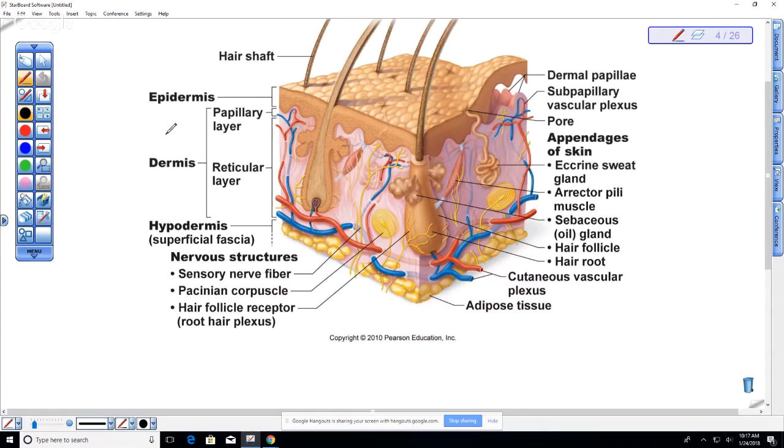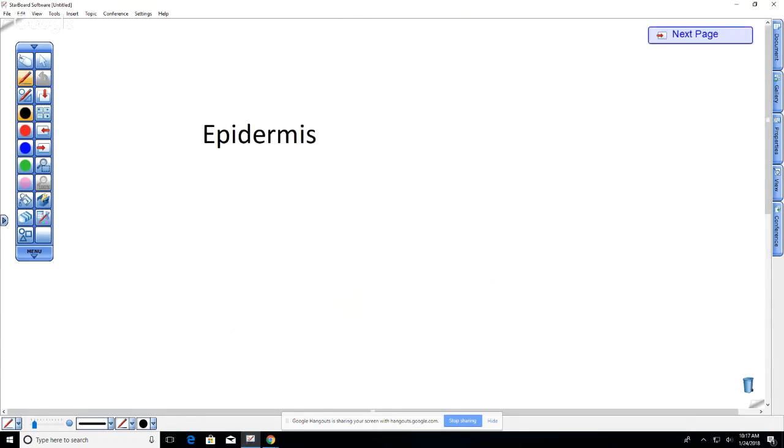When we look at the first layer of the skin, you'll notice that it is relatively thin compared to the other layer. This thin layer is called the epidermis. If we look at what this means, epi means upon the dermis.